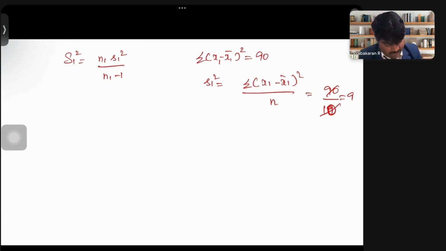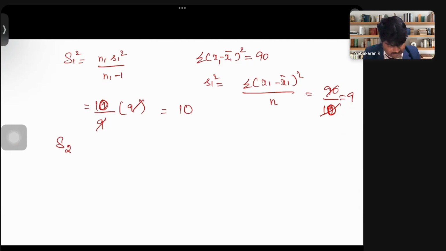Now we can apply here n1 minus 1, 10 minus 1, 9. The small s1 square value is 9. So the first capital S1 square is 10.